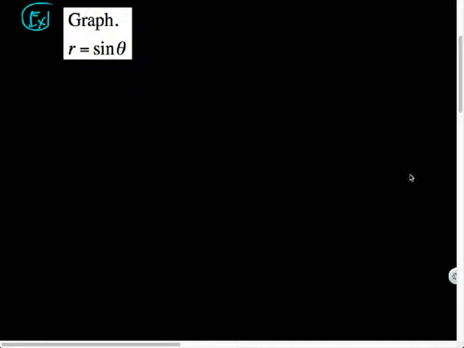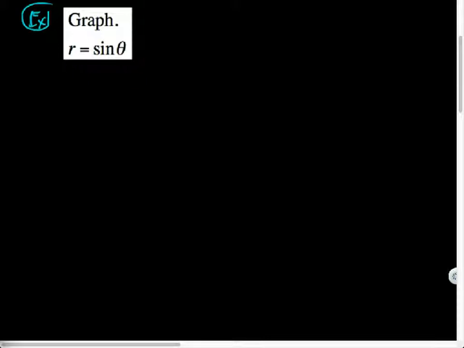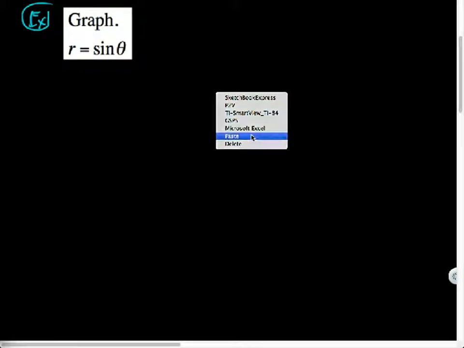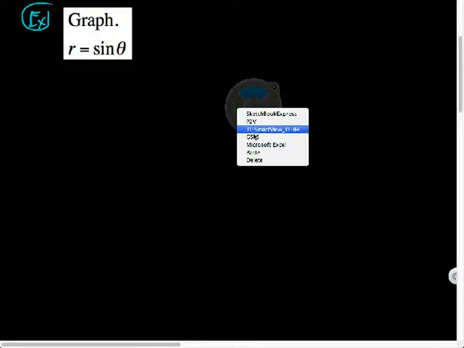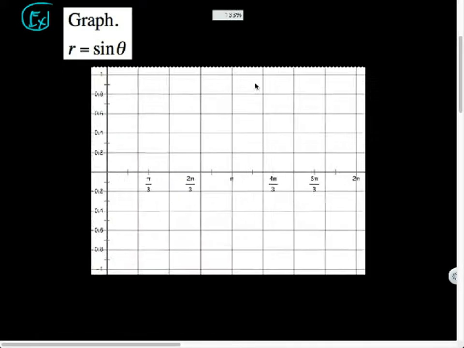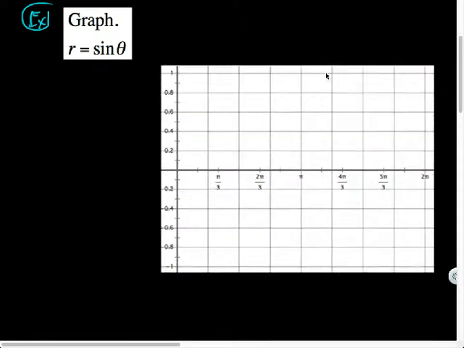Now, a majority of this can be done using some sort of table of values approach. But I'm actually going to have us represent this graphically, rectangularly first. Let me graph a rectangular version of this for starters.